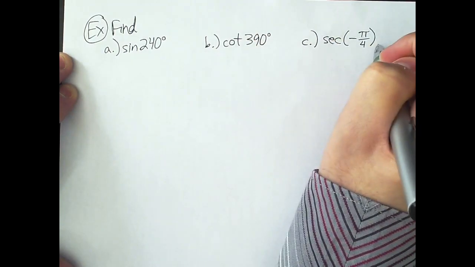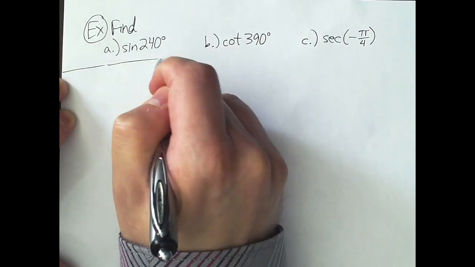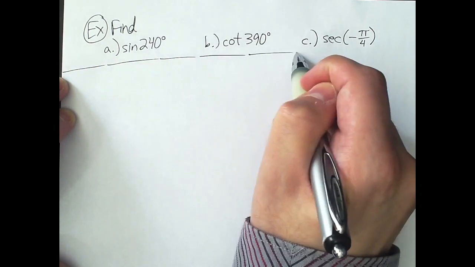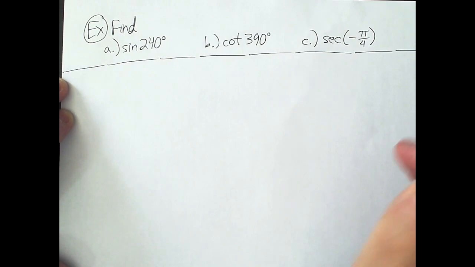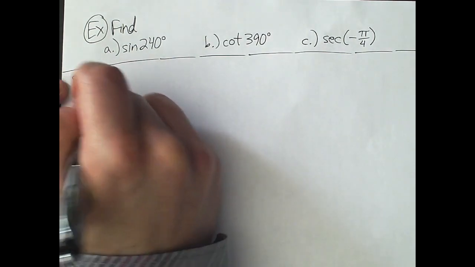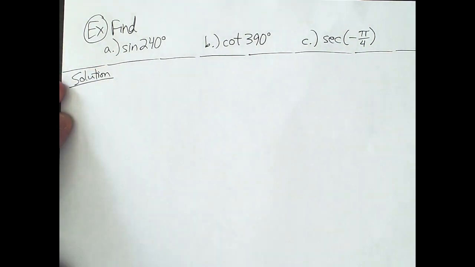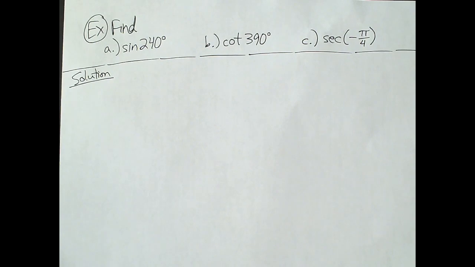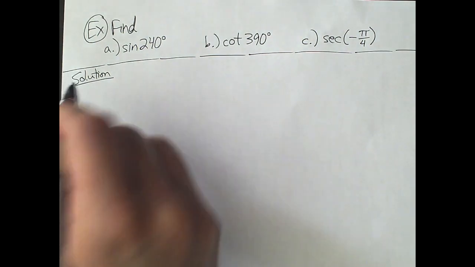So let me do the first part for us and show you how reference angles are going to help. You see that part A and B are in degrees. Part C doesn't say degrees or radians, and that means it's implied that it's radians.